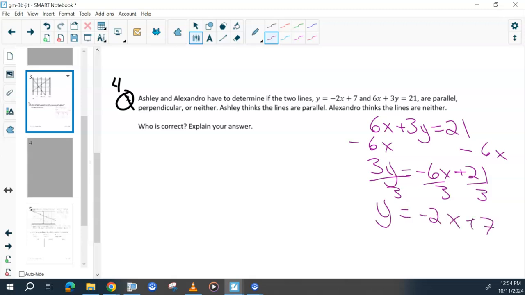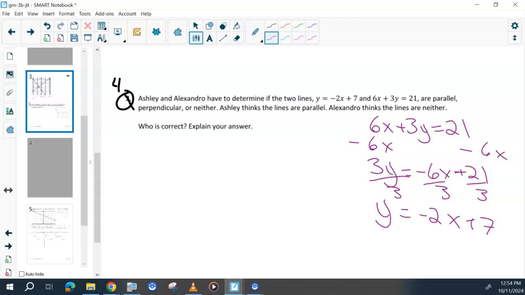So when we look at y equals negative 2x plus 7 and y equals negative 2x plus 7, it's actually neither, because if they had different y-intercepts, they would be parallel. But because they have the exact same y-intercepts, it's the same line. So they can't be parallel if they lie on top of each other.